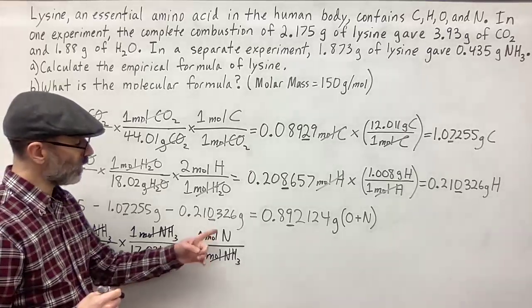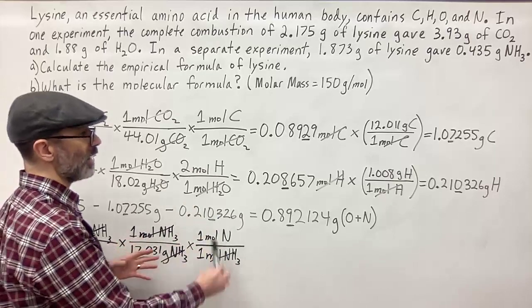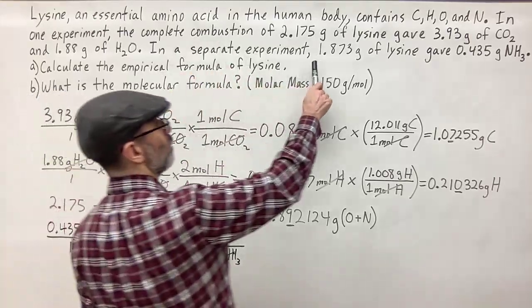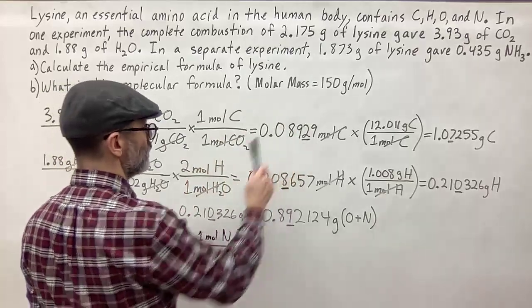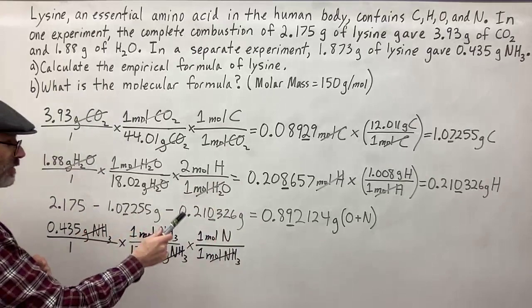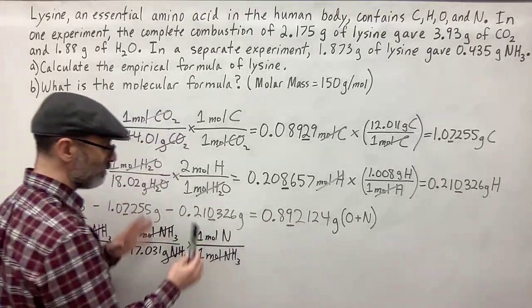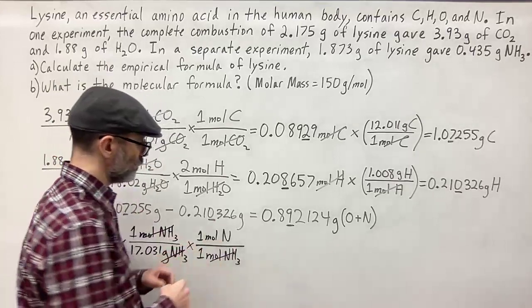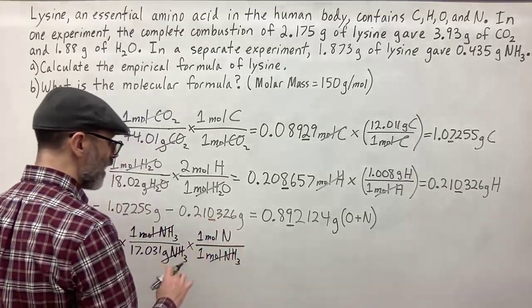And the reason I want to convert that to grams is because then I can subtract that from the mass that I have left over from here, right? But I have to do something first. So let's go ahead and find that.